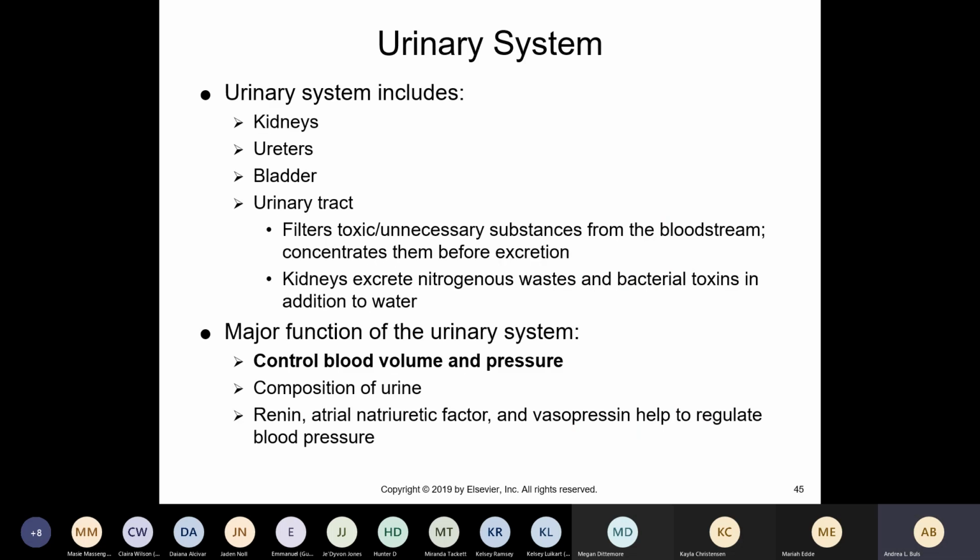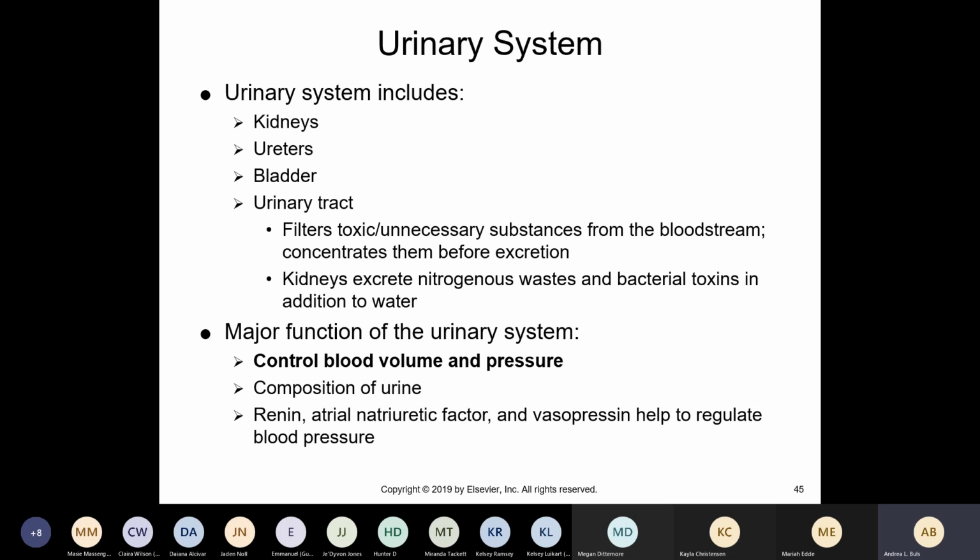The urinary system includes kidneys, ureters, bladder, and the whole urinary tract, which filters toxic, unnecessary substances from our bloodstream. And then the kidneys will excrete that waste and bacterial toxins in addition to water.